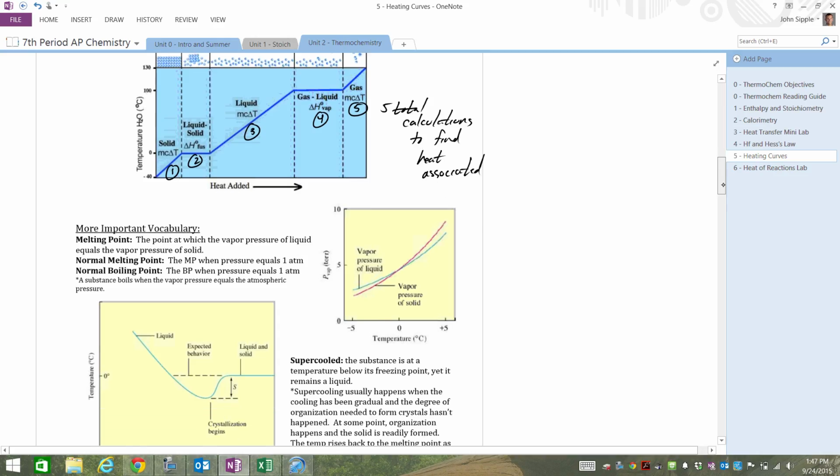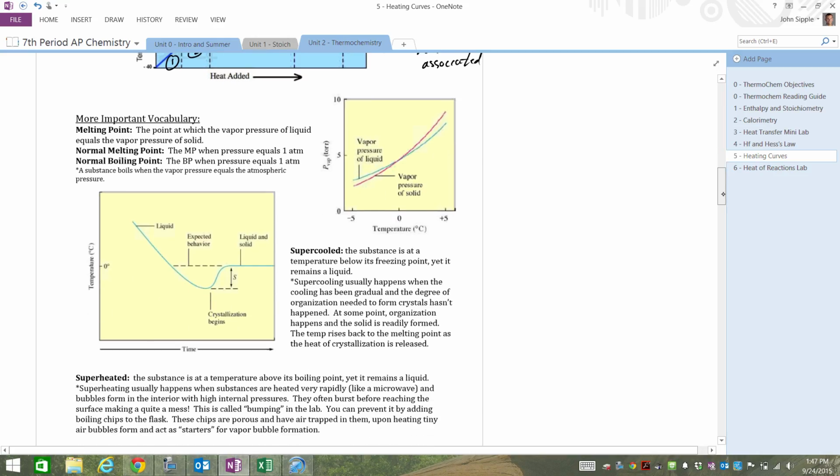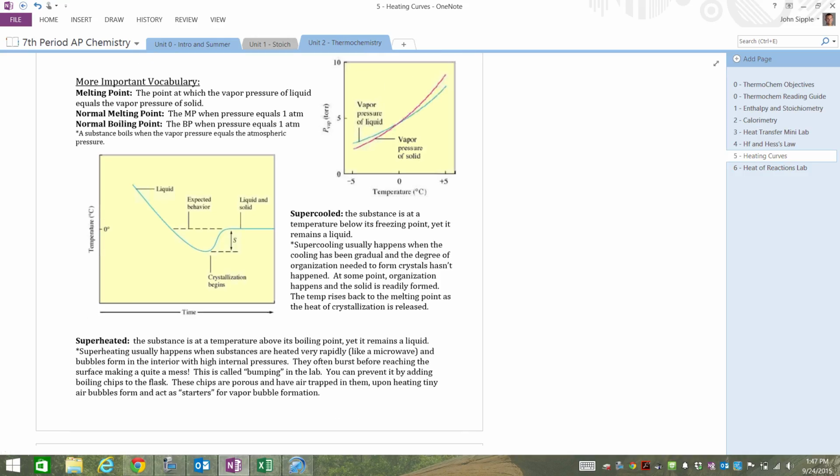There's a couple other vocab words to take note of. Sometimes you have supercooled or superheated solutions. That's when you have something heated above its normal boiling point.